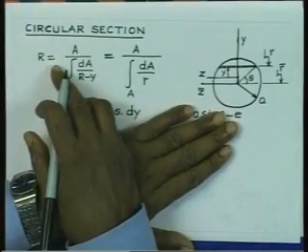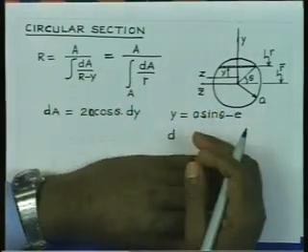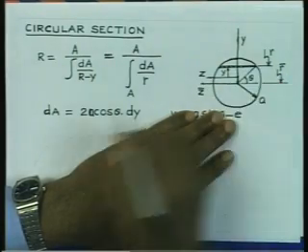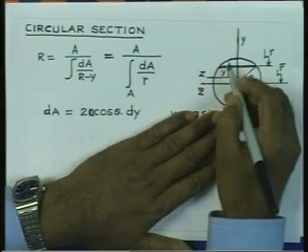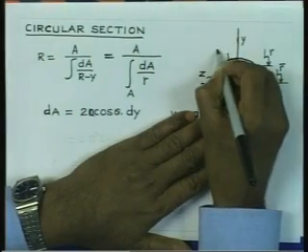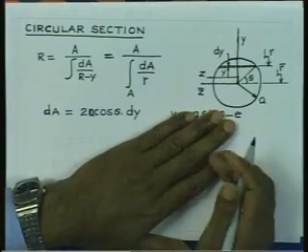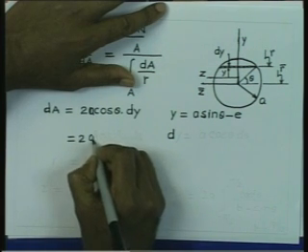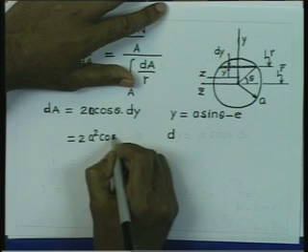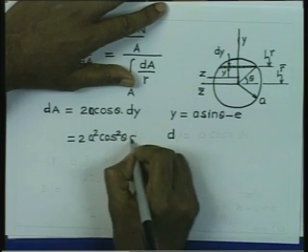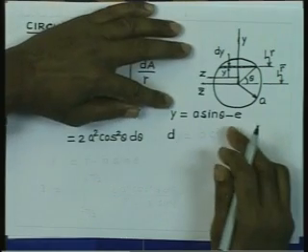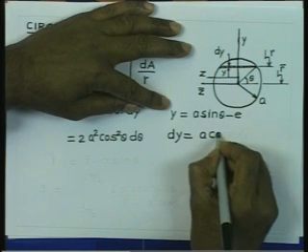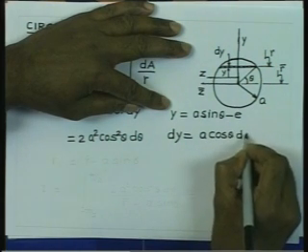We can now directly go in for the formula. Here in dA, if we consider this distance, it is going to be 2a cos theta, and if this is dy, then the area is going to be given by 2a square cos square theta d theta, and here dy is equal to a cosine theta d theta.